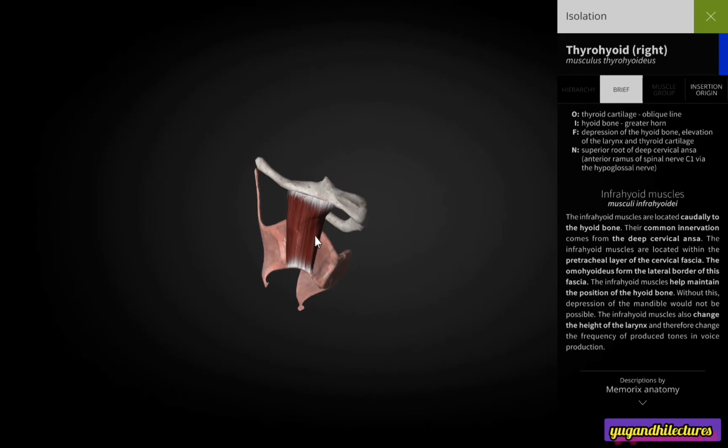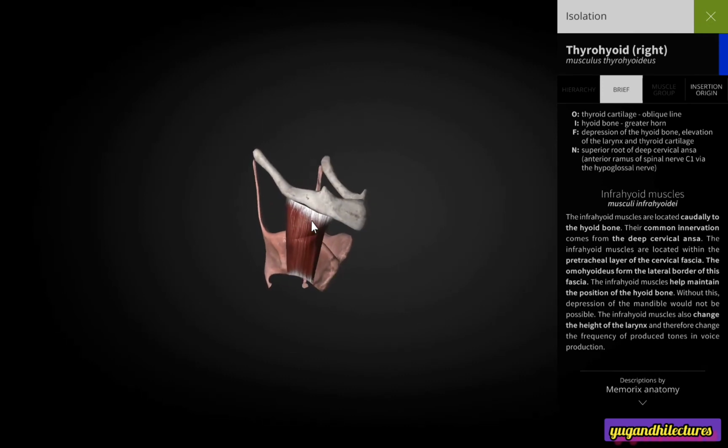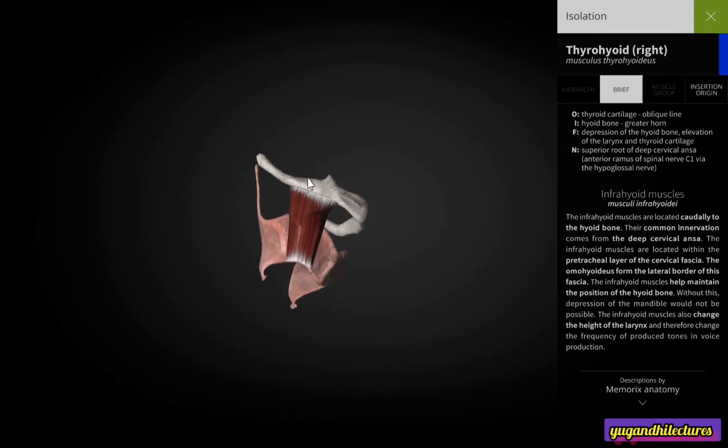And coming to the insertion, it gets inserted in the lower border of the hyoid bone, at the meeting point of the body of the hyoid bone and the greater cornua of the hyoid bone. At that point, in the lower border, the thyrohyoid muscle gets inserted.